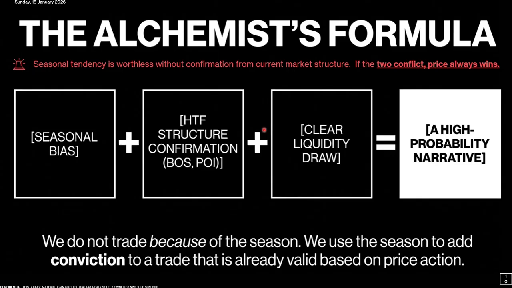If what we see in terms of high time frame market structure, we've received confirmation in the form of, say, a breaker structure to the upside, and we can see price being supported by a high time frame institutional swing point, for example, that is in confluence with inefficiency, a liquidity gap on the 4-hour chart, for example.